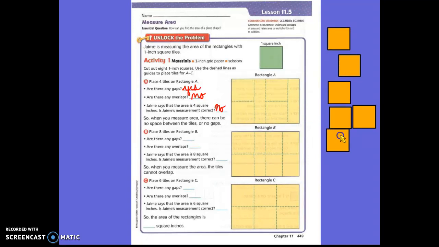Read the next directions. Place 8 tiles on rectangle B. Okay, I didn't make 8 tiles. Oh, let me make some more tiles real quick. Okay, so now I have 8 tiles.